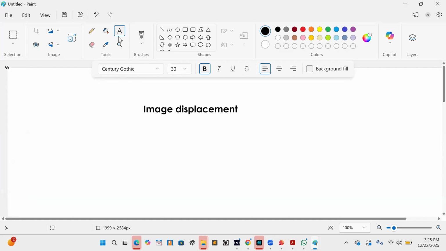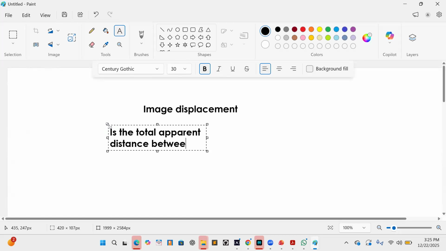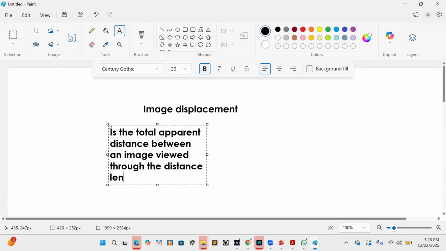Image displacement, the definition is the total apparent distance between an image viewed through the distance lens and the one through the hard segment.